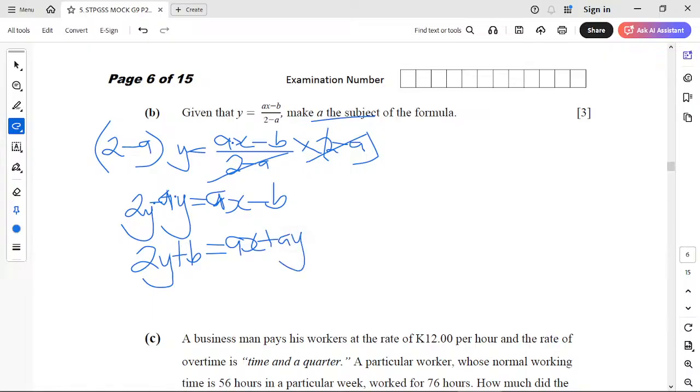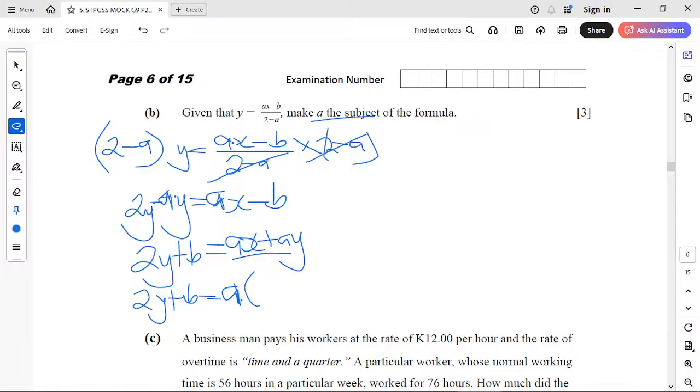Then what do we do now? Once we have this, we factorize this part. So we write 2y plus b, which is equal to a, since a is the common factor.